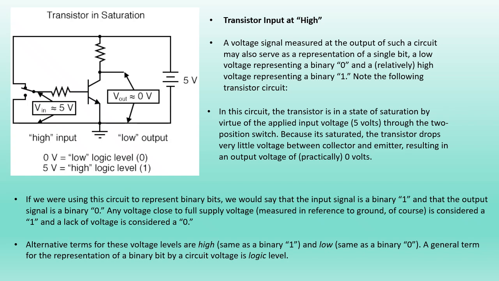When saturated, the output voltage becomes nearly 0. So the input is a 1, but the output is 0. A voltage near the supply voltage is considered high or binary 1, and no voltage is considered low or binary 0. These voltage levels are called logic levels.